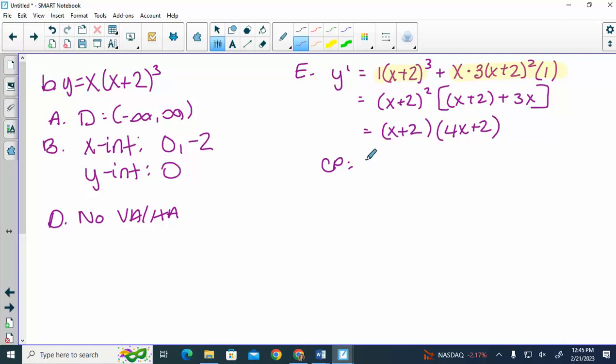Alright, so critical points. This is never undefined, but what makes it 0? So if I set x plus 2 equal to 0, we get -2. If you set 4x plus 2 equal to 0, we get -1/2.